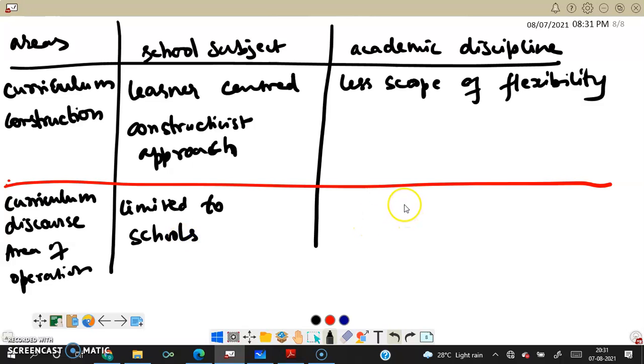This is not learner centered. For universities and other higher educational institutions, this is mainly constructed for universities and higher educational institutions.